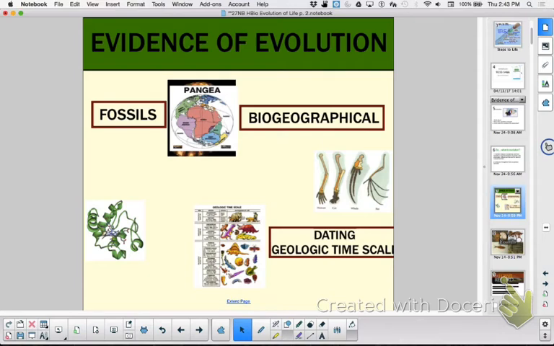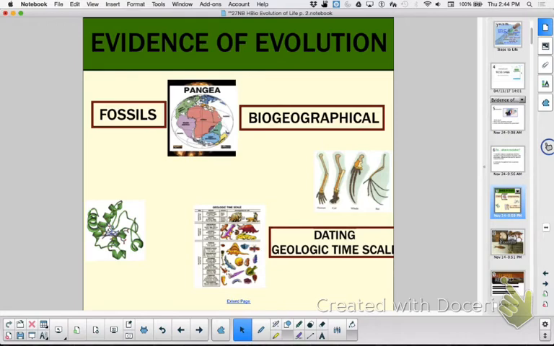Mammals. So mammals were starting to evolve 65 million years ago, but the continents were separating then. That's why we have unique mammals on all these different continents, but we could have similar amphibians and similar reptiles. But our mammals are very unique to our continents because they evolved and exploited in different environments, and so they have different adaptations. Okay? So that's your biogeographical evidence.